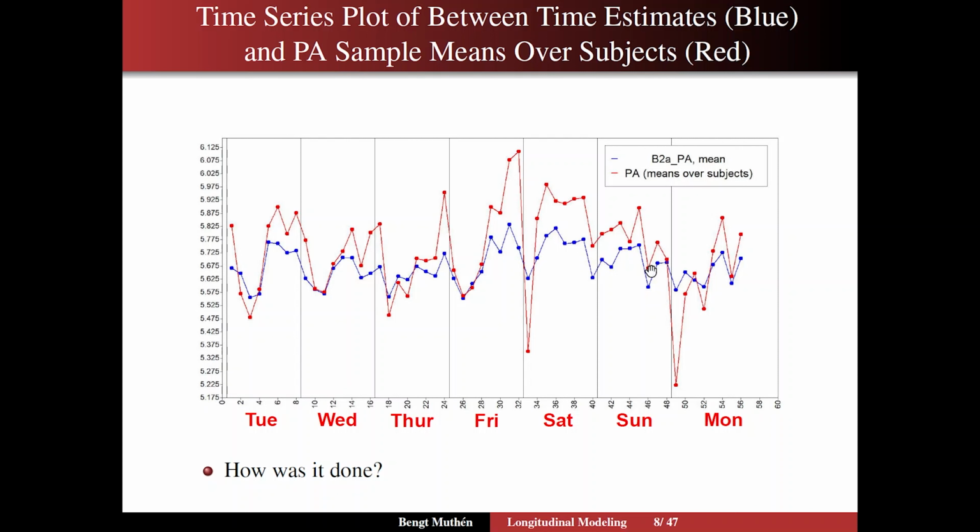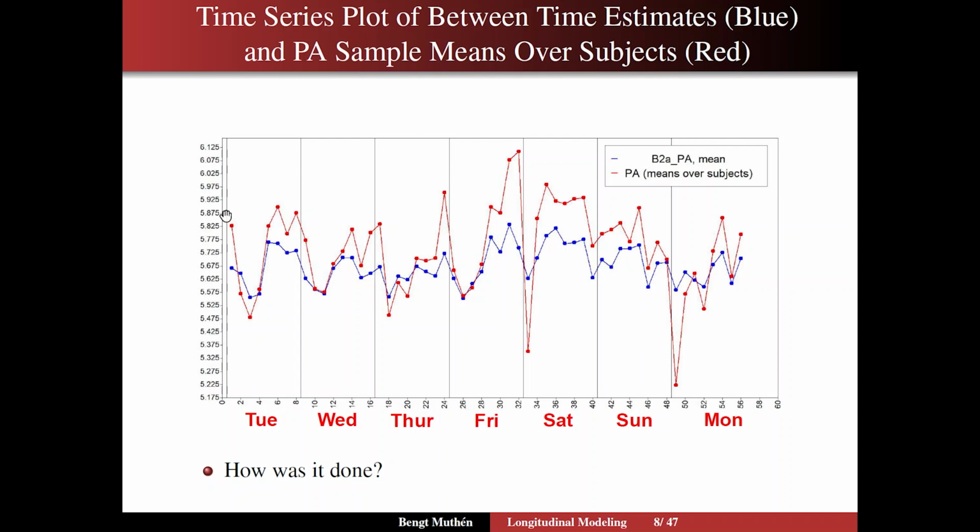No cycles function imposed, but we certainly see this feature of going up and then going down. So these blue values are called B2A in Mplus internal notation, between level 2A. Cross-classified has two between levels, between ID and between time. Between time is 2A. Minor detail.